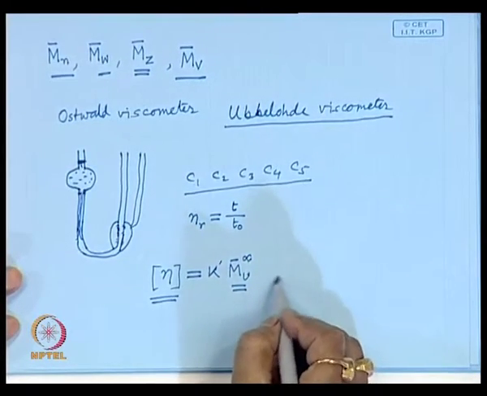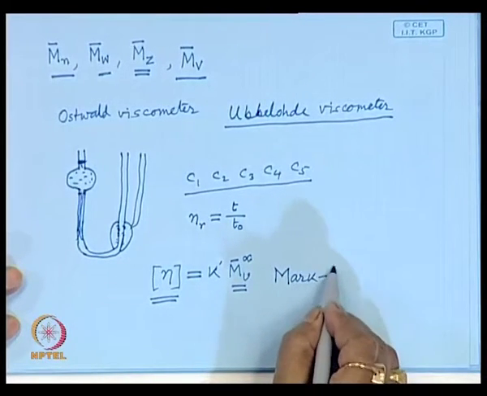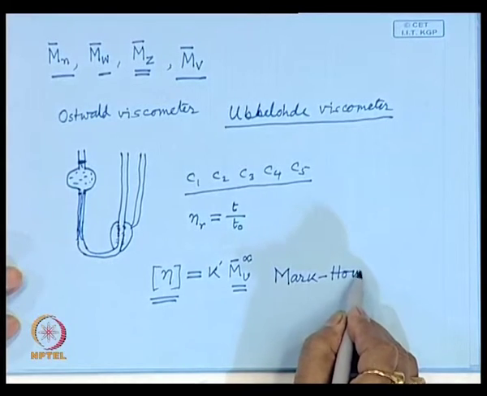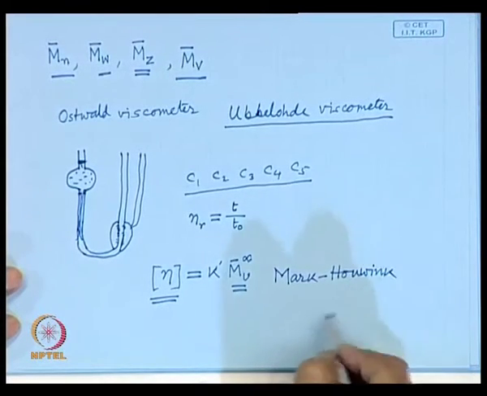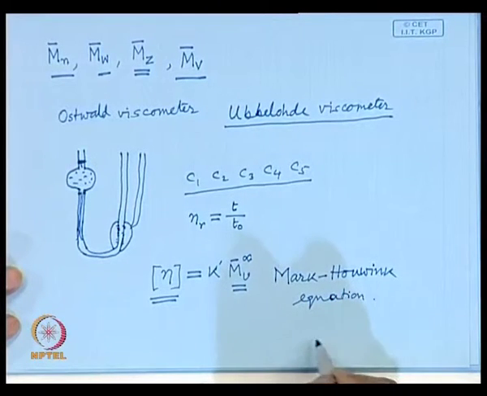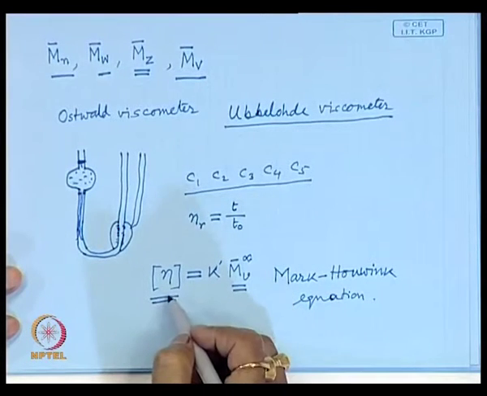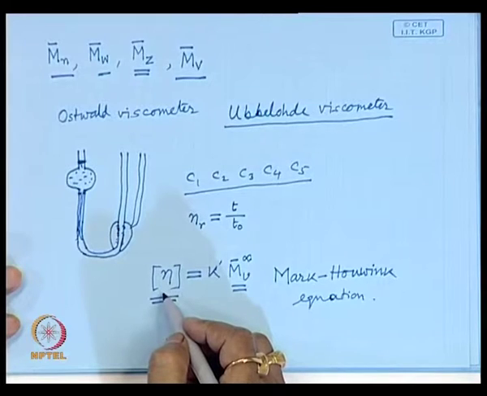How can we get? So, that is related to this thing. This equation is known as the Mark-Houwink equation. It is a famous equation, Mark-Houwink equation, which relates viscosity average molecular weight with the intrinsic viscosity.